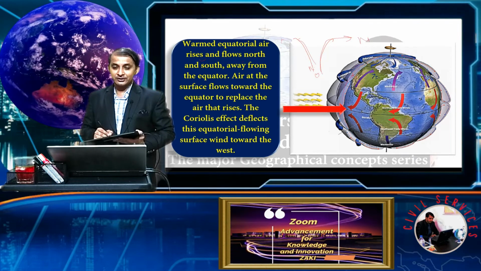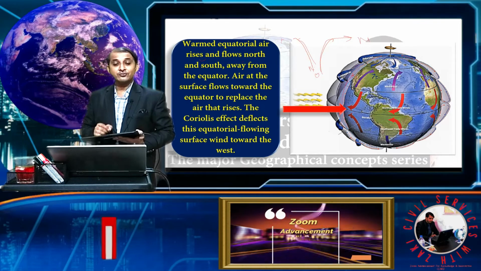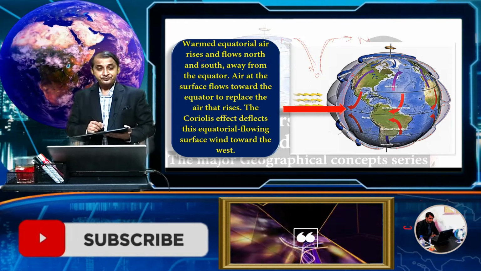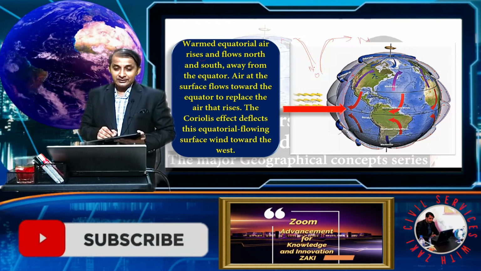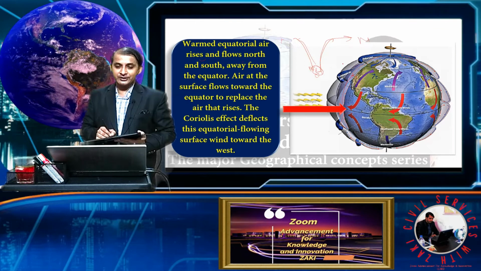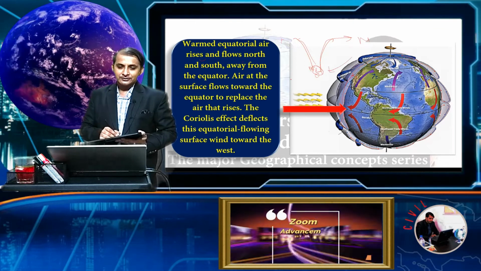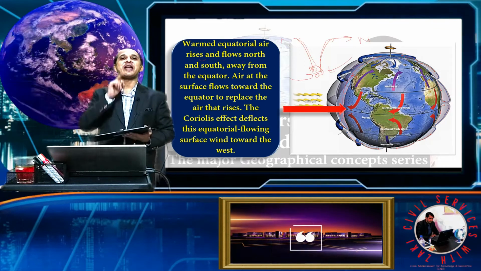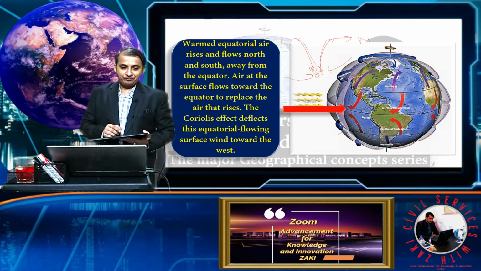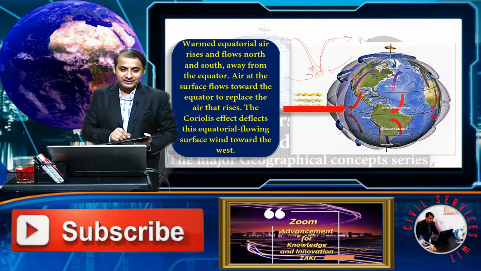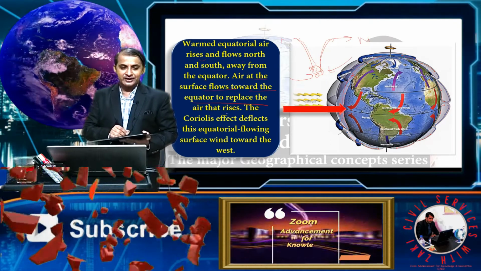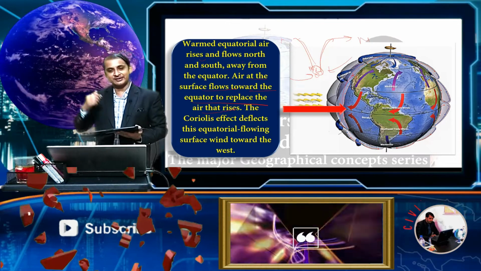After this air rises, surface air moves in to fill the gap. Air at the surface flows towards the equator to replace the air that rises.